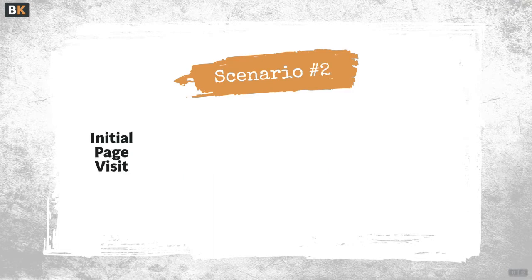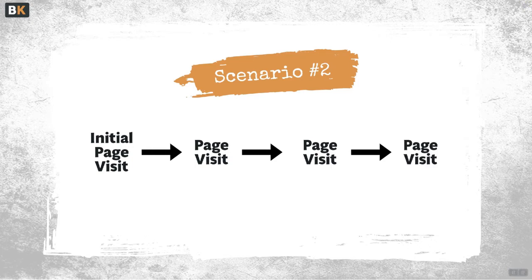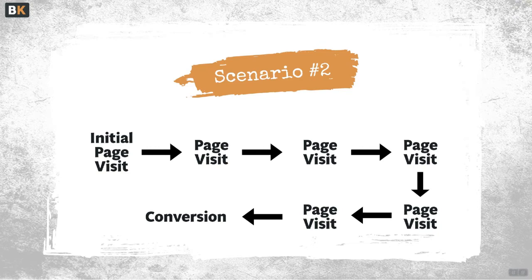They have their initial page visit, and then maybe they visit another page, and maybe another page, and maybe they leave and then they come back some other time and visit another page and another page and another page, and then maybe somewhere down the line they actually convert. And if none of these middle pages, from their initial page visit to the conversion, were set up to convert them, you could lose that conversion.